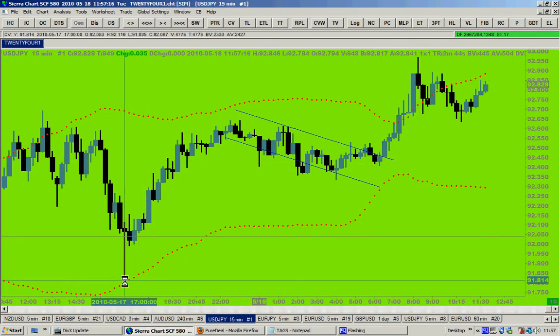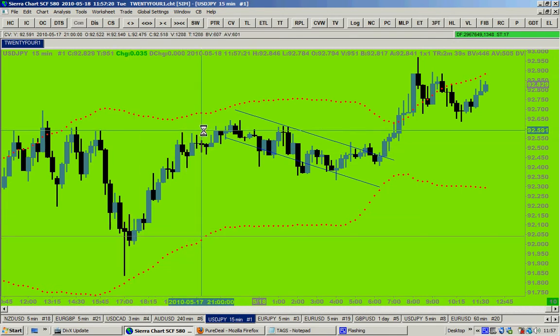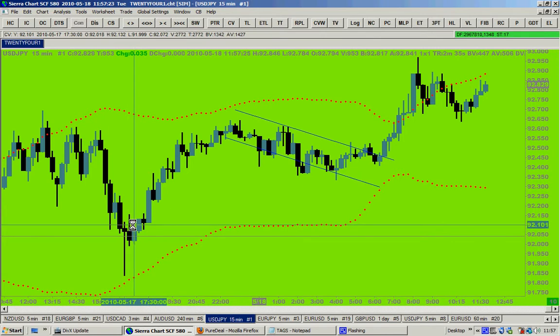I repeat, very important, pay attention. The market will trend first from A to B, and then the market will pause from B to C, and then the market will trend again from C to D.